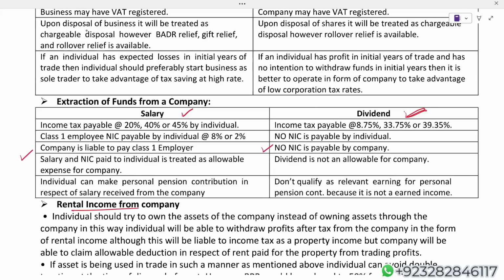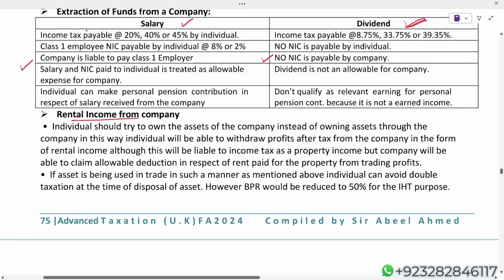Rental income from a company. Individuals should try to own the asset of the company instead of owning the asset through the company. In this way, the individual will be able to withdraw profit after tax from the company in the form of rental income. So if you are the owner of an asset and a company as well, try not to own the asset through the company; try to own that asset yourself and give it on rent to the company.